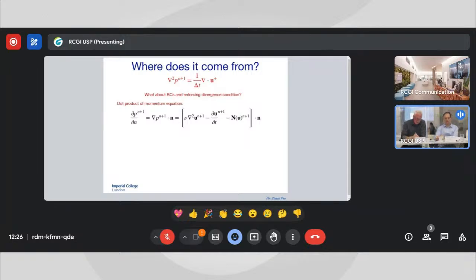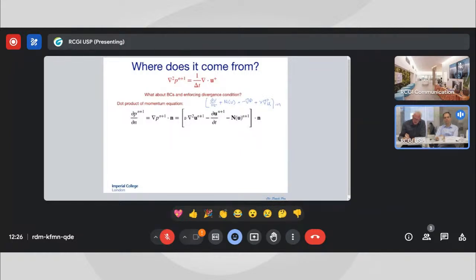This is where, in the original work from the early 90s, they said: I know I've got the Navier-Stokes equation, so I've got du/dt plus the nonlinear terms N(u) equal to minus the gradient of pressure plus the viscous terms of velocity. What I could do is take that equation and dot it with n.